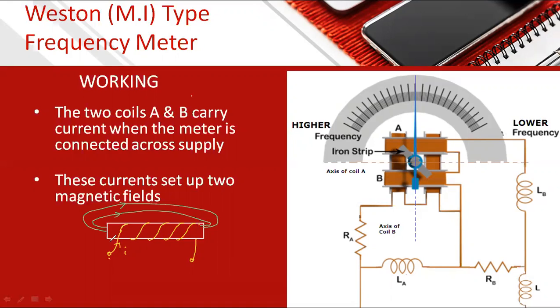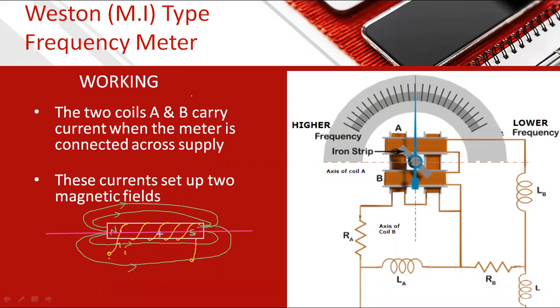You'll have magnetic fields as shown in the figure. Hope you can see the figure. Which means you have a north pole set up here and a south pole set up here. This indicates that if we want to discuss the axis of this coil, the axis of the coil will be something like this.